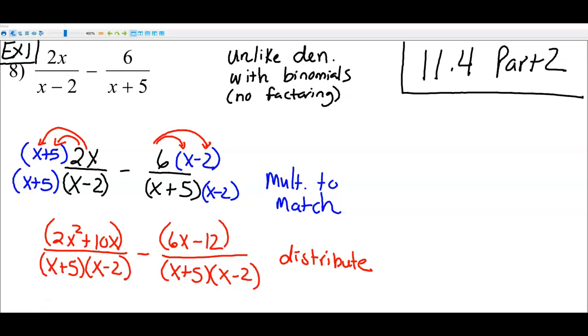Okay, so step 1, multiply to match. Step 2, distribute.